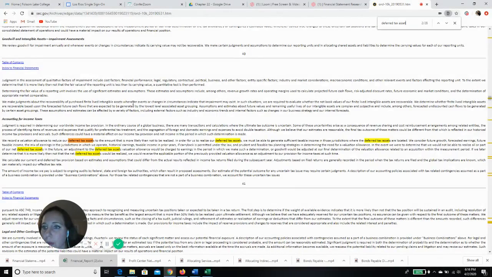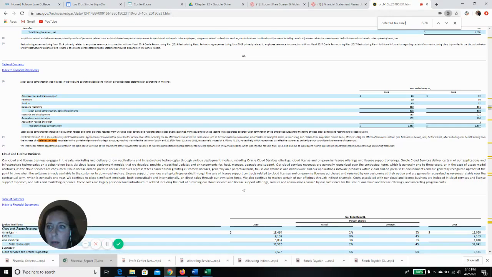So now I'm going to look through them. This first section is just telling me how they account for deferred tax assets. You can read through it. It's only a paragraph, so it's not like it's going to take a long time. But I know this isn't going to give you my answer because I already looked here.